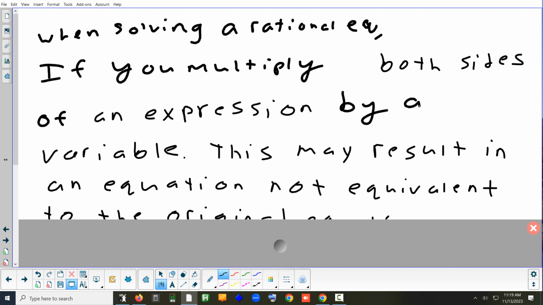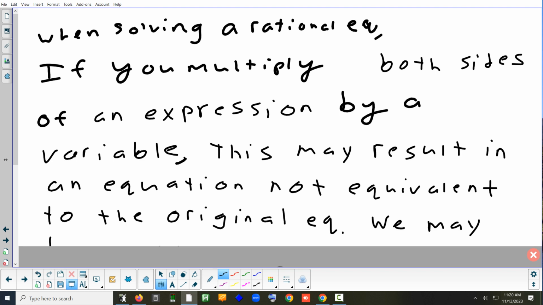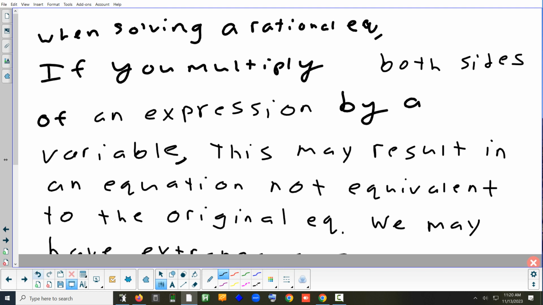Okay, let's see if that makes sense now. When solving a rational equation, if you multiply both sides by a variable, this can result in an equation that's not equivalent to the original. Basically, it's not equivalent to what you started with. And I'll show you what I mean.